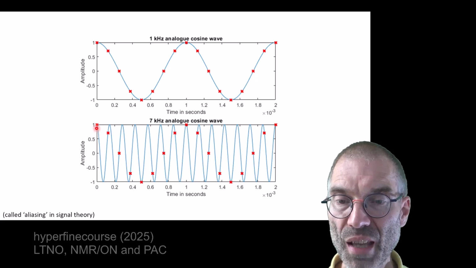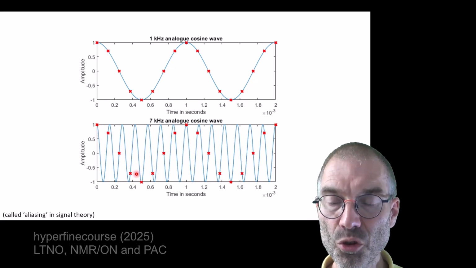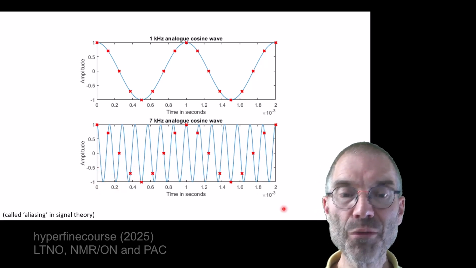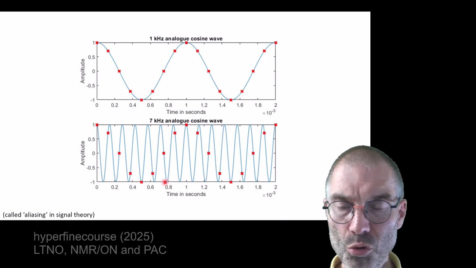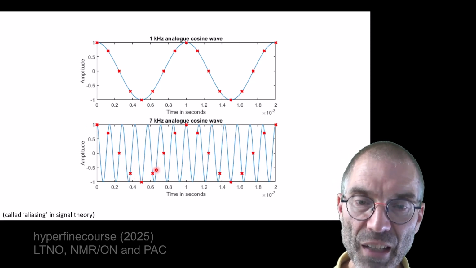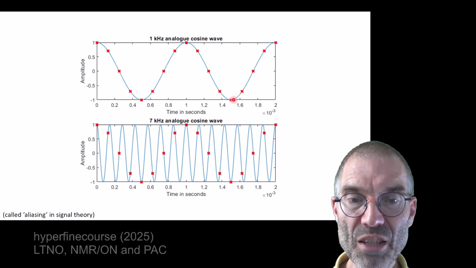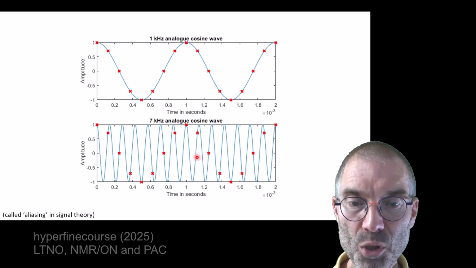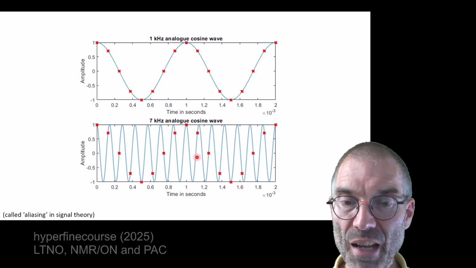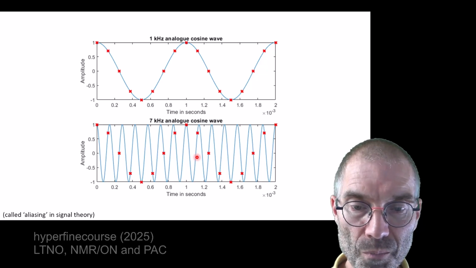You would measure at all of these red crosses, and rather than measuring that fast oscillation, you do a ghost measurement. You seem to detect a slow oscillation, the same as you had here, but it's not real. It's an artifact of sampling a high frequency with a limited time resolution.